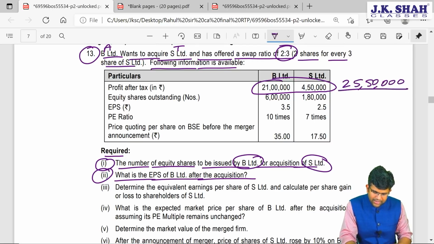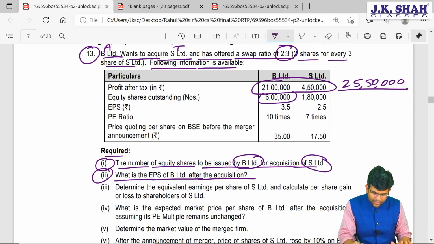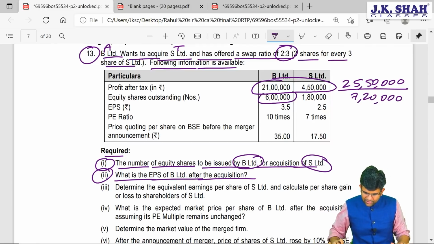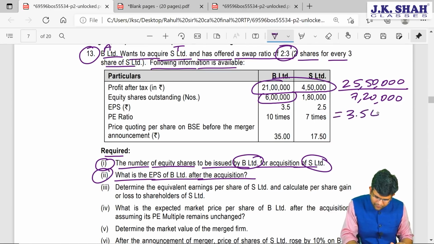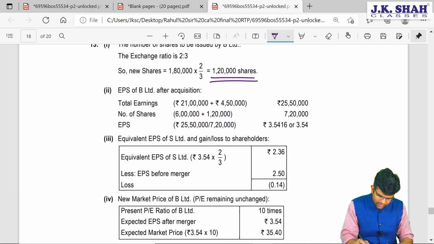Divided by number of equity shares post merger, which will be 6 lakhs plus 1,20,000 you issued in point number 1, that is 7,20,000. So if you take the calci, 25,50,000 divided by 7,20,000, 3.54 rupees will be the post merger EPS of the acquiring company. Let us check the solution here. Yes, they have got 3.54 as the answer to point number 2.